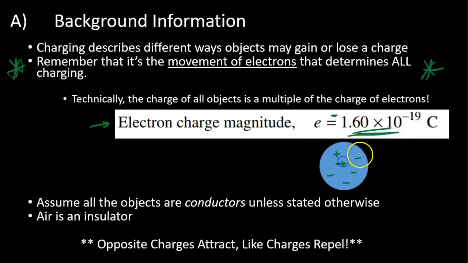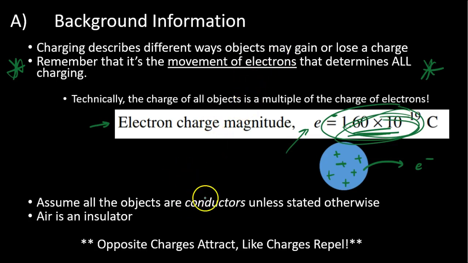Same thing if it's positively charged, because if something is positively charged, I'm removing electrons. That must mean I'm removing one of these, or two, or three. Usually you don't do the math on this, but you would always get some integer multiple of the electron charge.